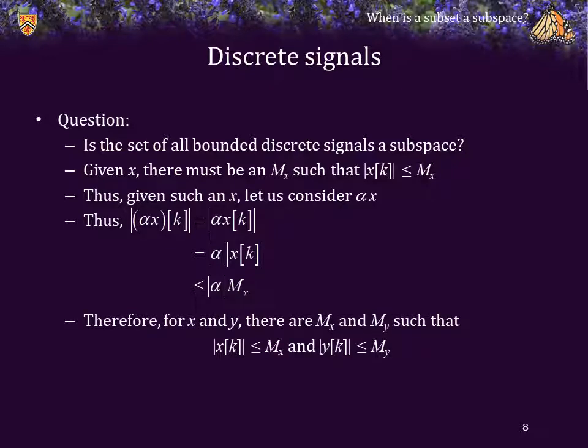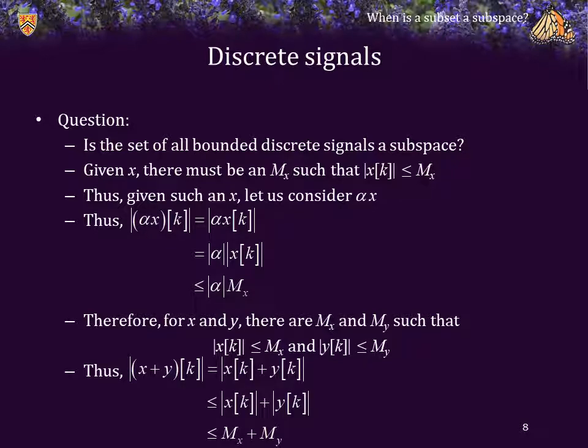Also, given 2 discrete signals, x and y, there exist m sub x and m sub y such that the absolute value of the kth index of x is less than or equal to m sub x, and the absolute value of the kth index of y is less than or equal to m sub y.